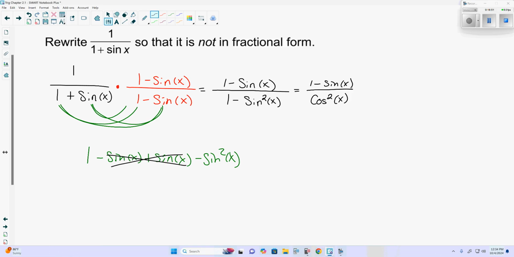Because what could we change this cosine squared in the bottom of the fraction to become? Because cosine is what? 1 over secant, yes? So, confused? Okay.